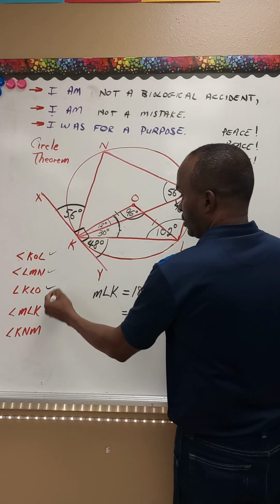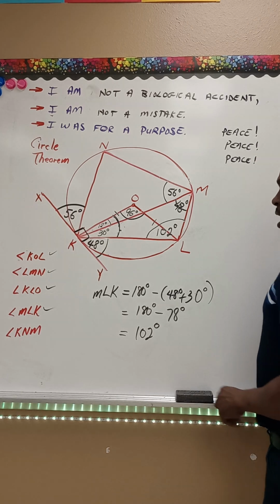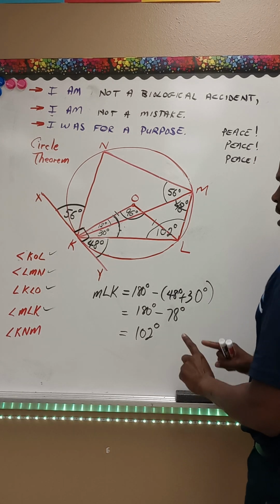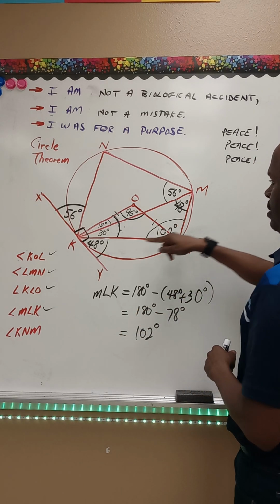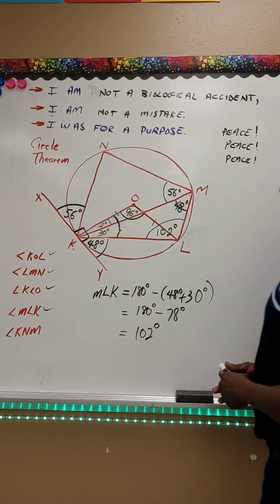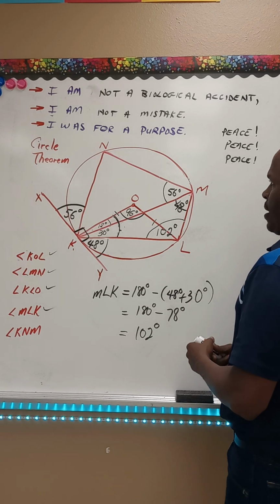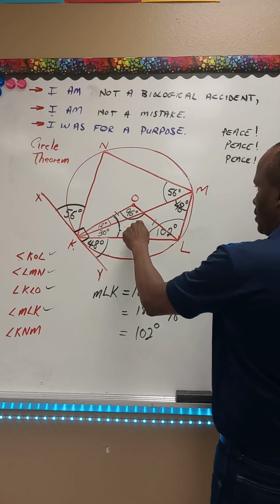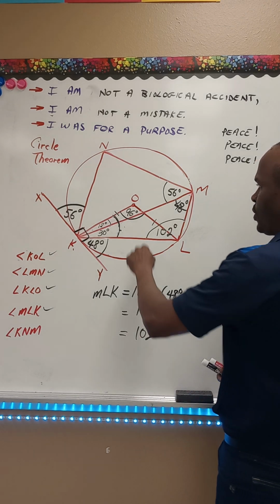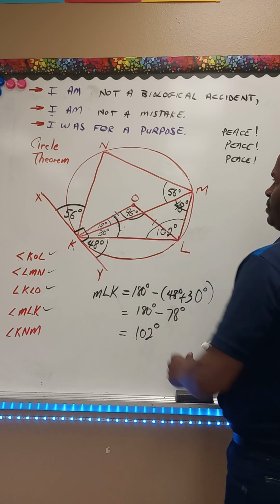We finish finding those angles. And finally, we've got to find angle KNM. It's been said that the angle at the center of the circle is always twice the size of the angle on the circumference.